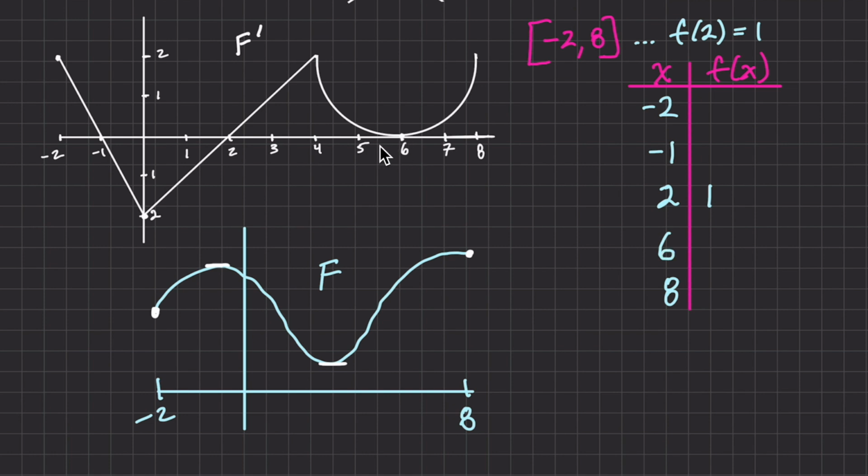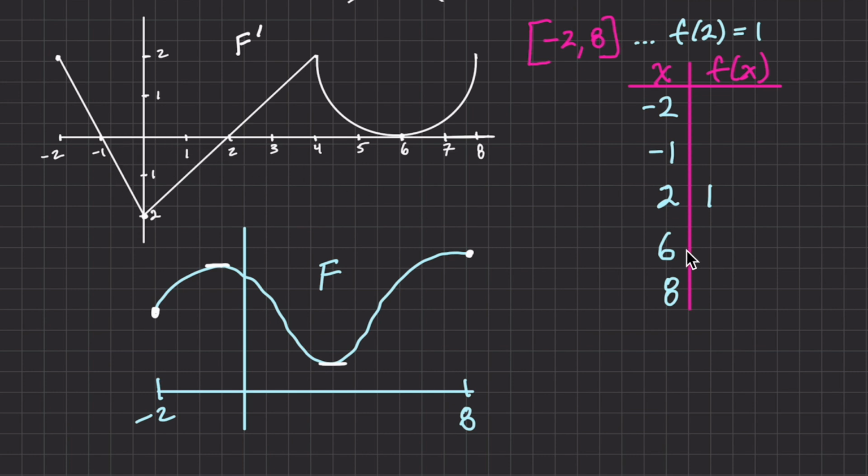Okay, folks, we have f of 2 equals 1. So we're going to start at f of 2 and move to these other spots in our table. The first thing we're going to do is move from x equals 2 to x equals negative 1. We're going to get the net change, which is the area under this curve.